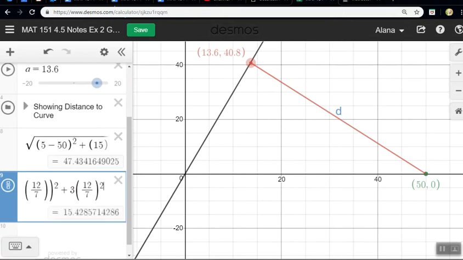And I get 15.428, or 429 if I round it. So that'd be 15.429 inches squared.